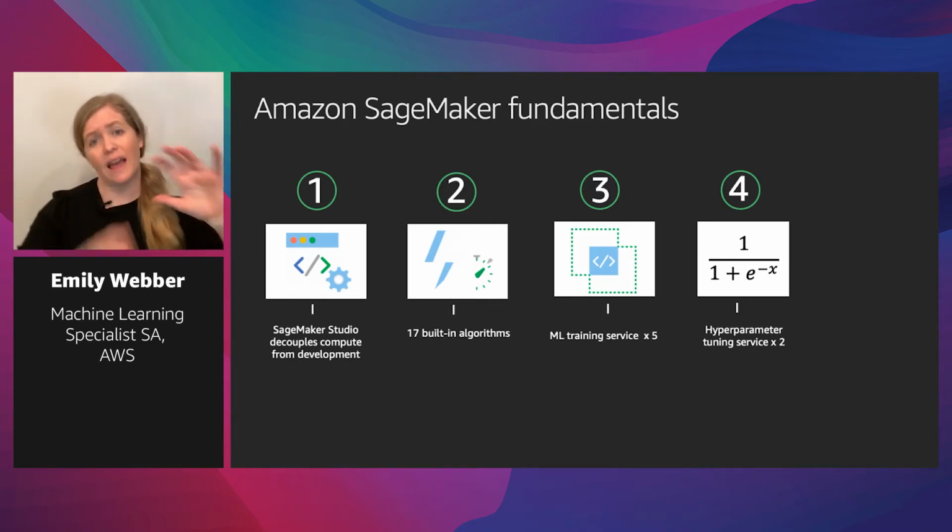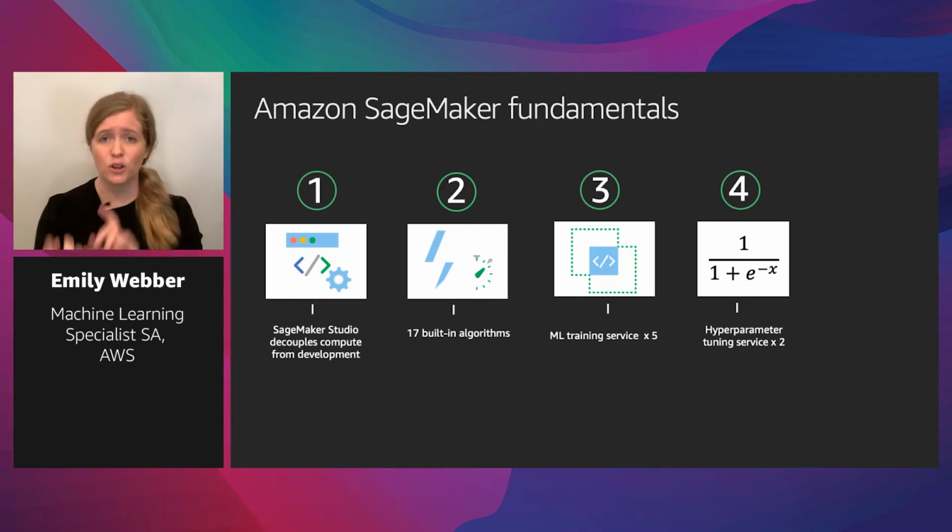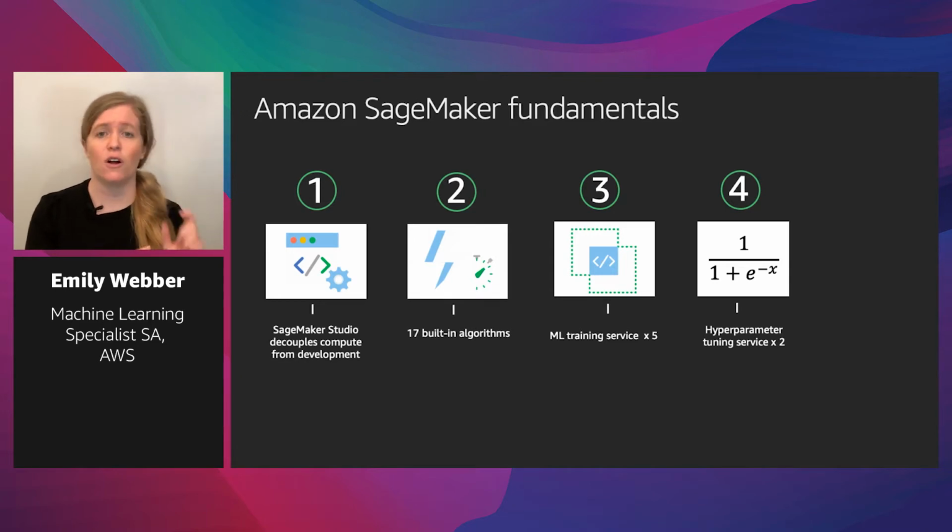It's going to run n number of jobs in parallel, look at the performance of that model on the validation data, which we do have to bring, and then the Bayesian optimizer is going to pull those validation results and suggest new initializations for our training job.